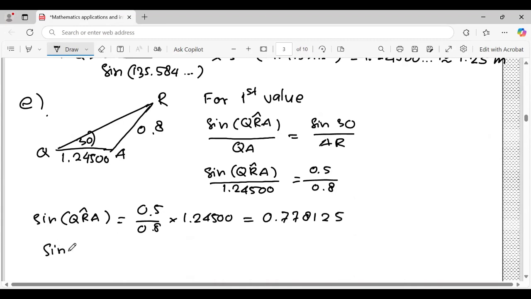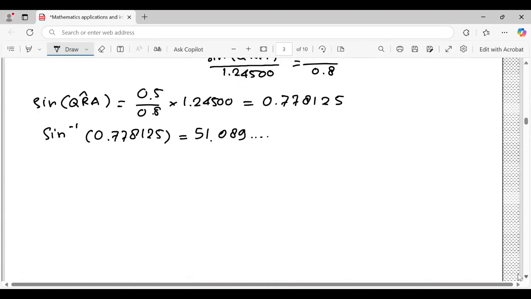And then arcsine of 0.778125 equals 51.089 degrees. So angle QRA equals 51.089 degrees.